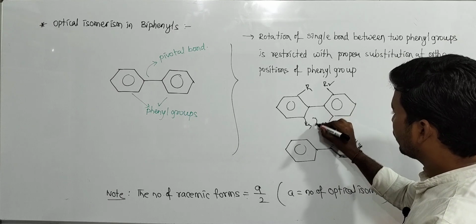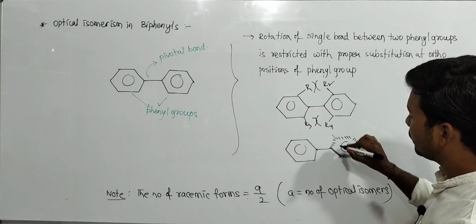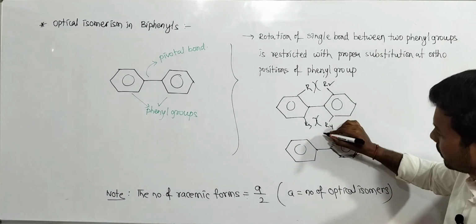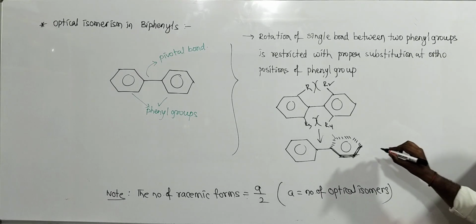R1, these two repel each other. It gives this type of structure.